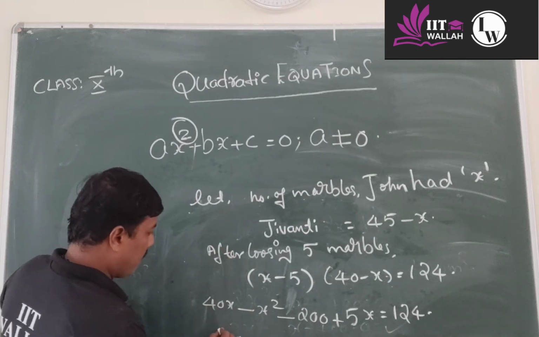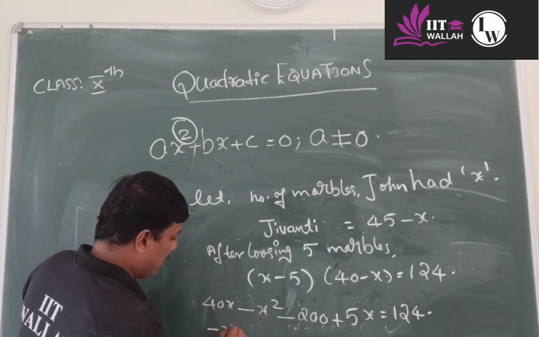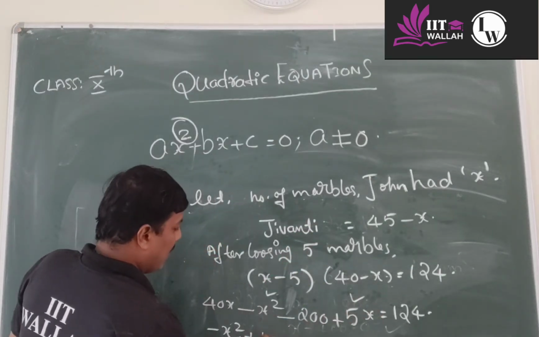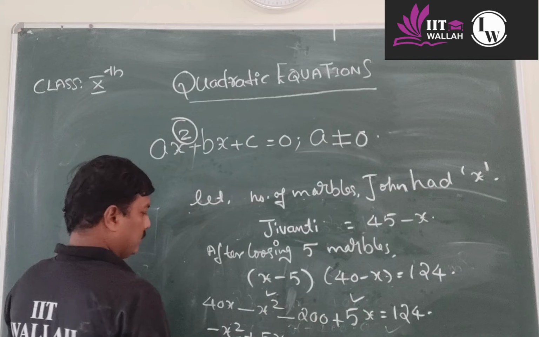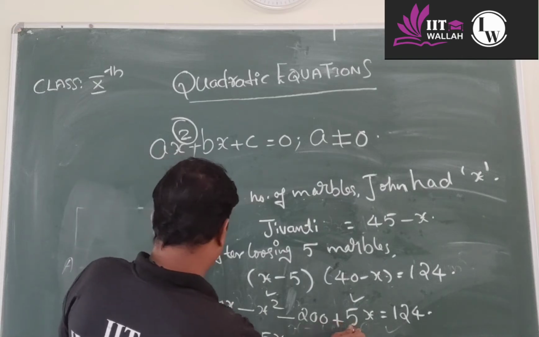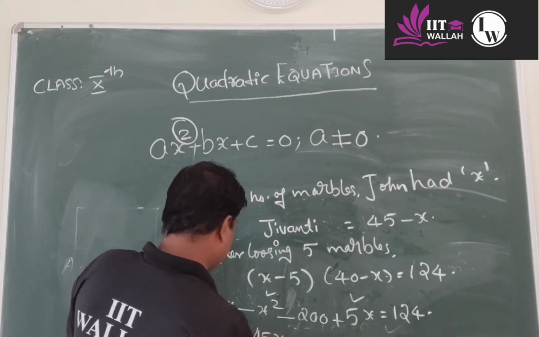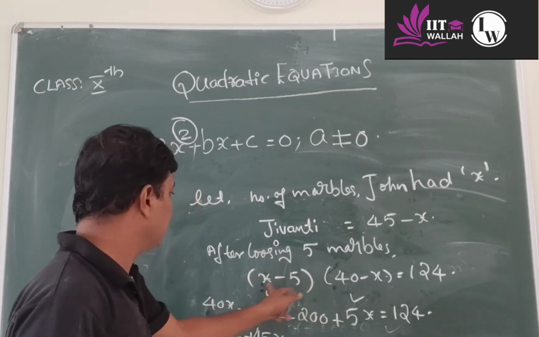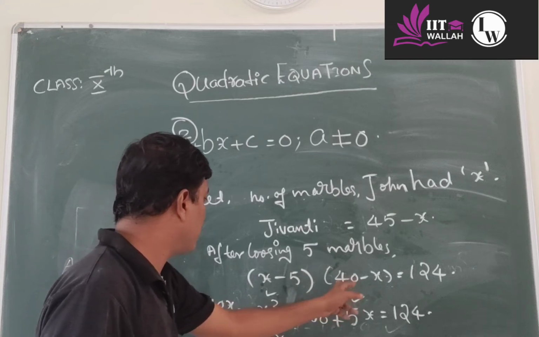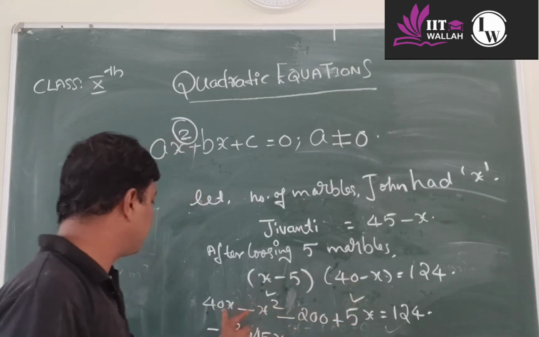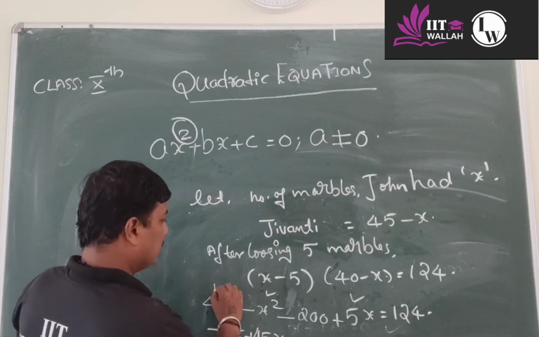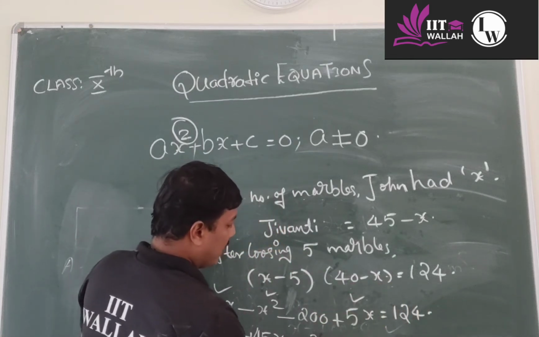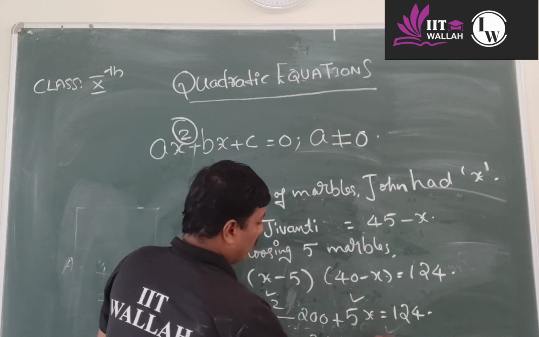That means you write minus x square first, then 5x plus 40x means 45x, right? 40x minus x square minus 200 plus 5x. 5x plus 40x is 45x. Now minus 200 minus 124 is minus 324, equal to 0.